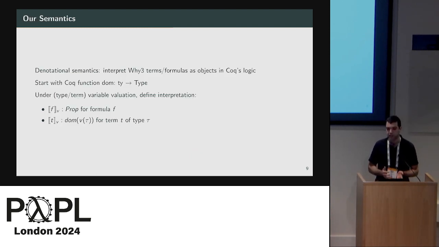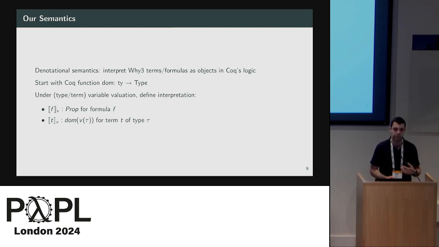So our semantics is a denotational one, which means that we interpret Why3 terms and formulas as objects in Coq's logic. Or in other words, we give a model of Why3 in Coq. And how this works, a slight simplification, is we start with a Coq function domain, which maps Why3 types to Coq types. And then under a given valuation, we can define the interpretation of terms and formulas.